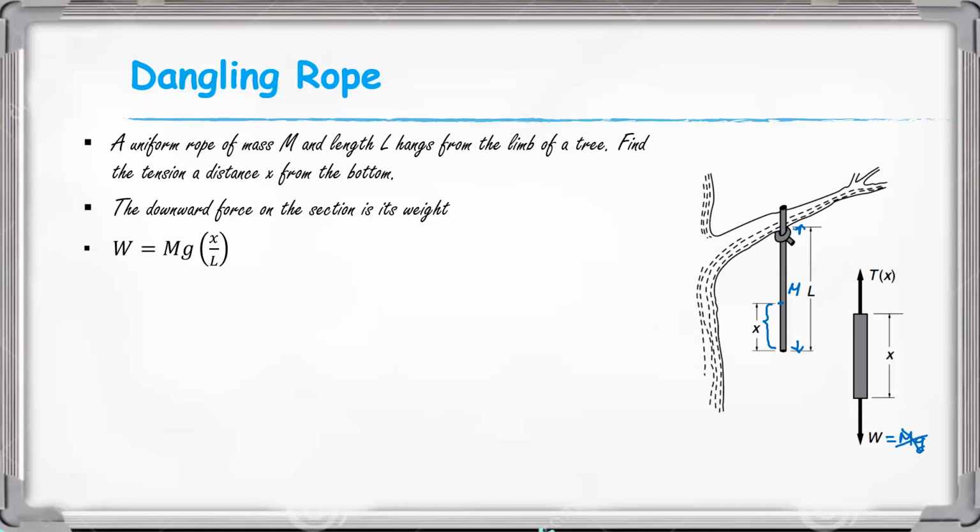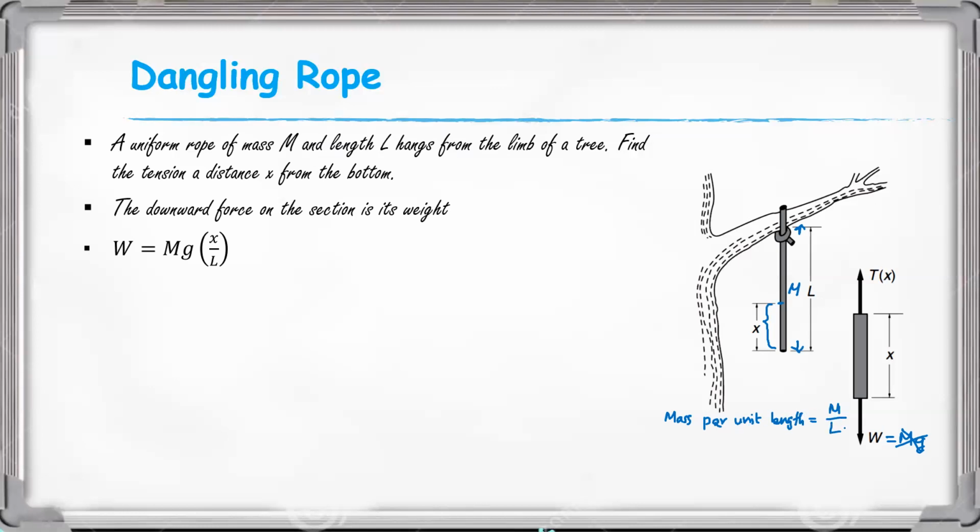The total length of the rope is taken as L. It has a mass M. Then the mass per unit length is equal to total mass divided by total length.